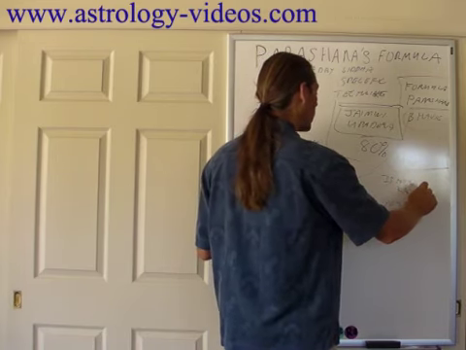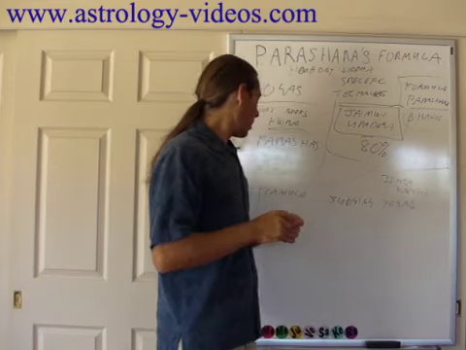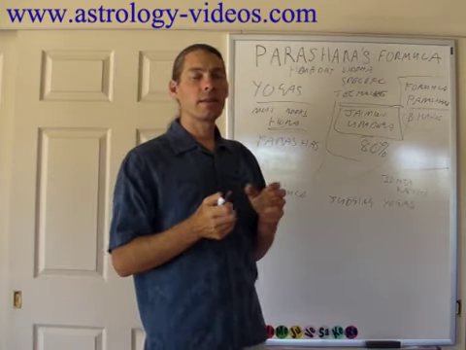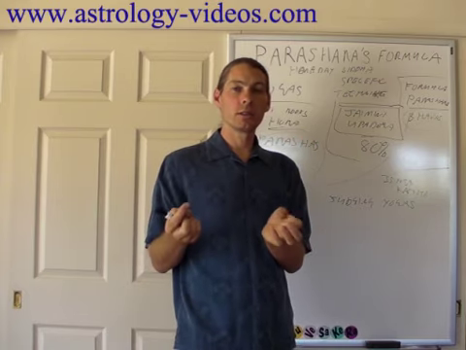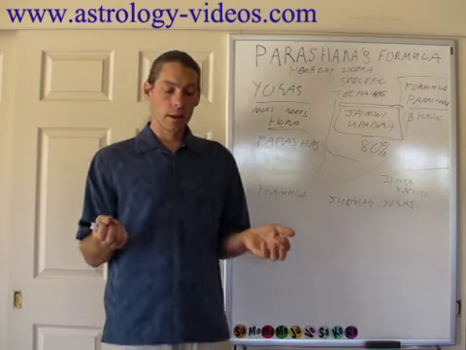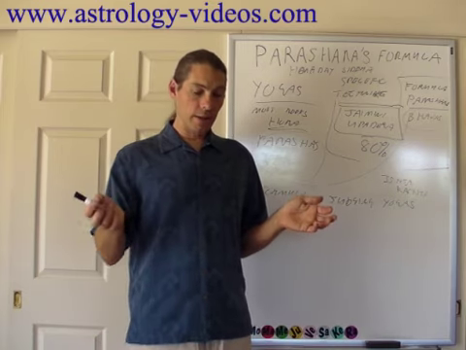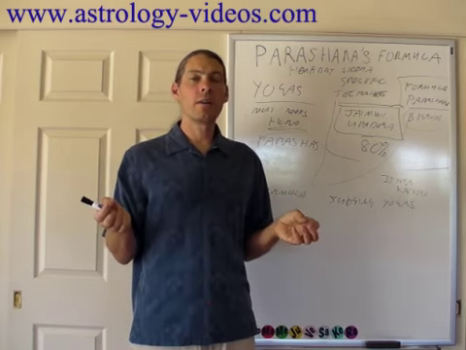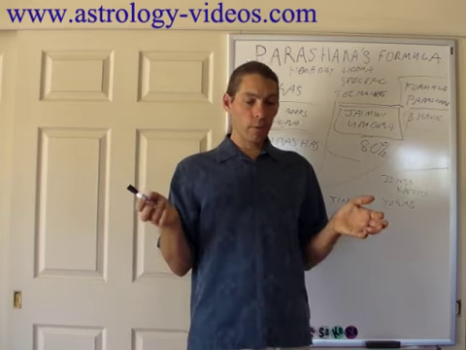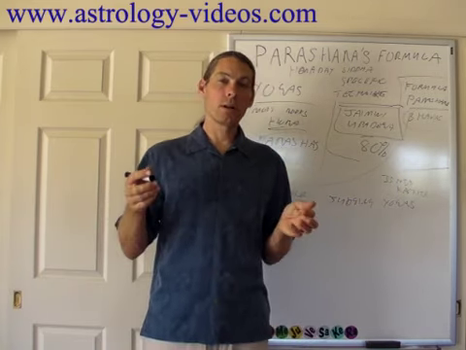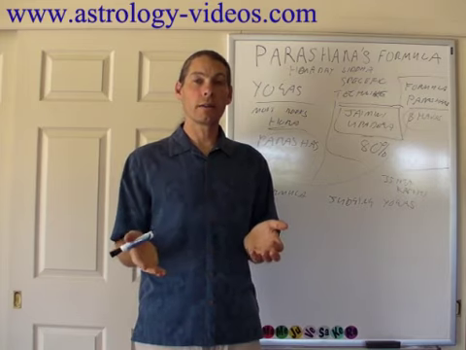And in that course, judging yogas as karakas, I basically just used one yoga from Parashara that we use to judge karakas, where he says, if the karaka for mother or father is hemmed in by malefics or has malefics in the 4th, 6th, or 8th, it will destroy the parent.